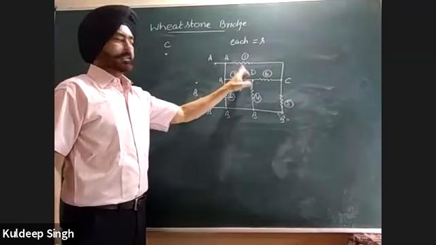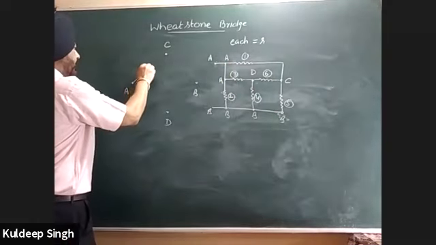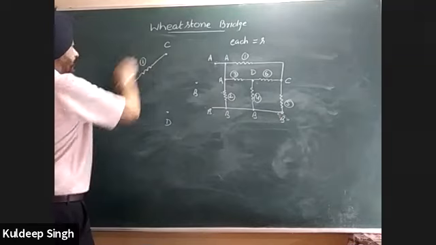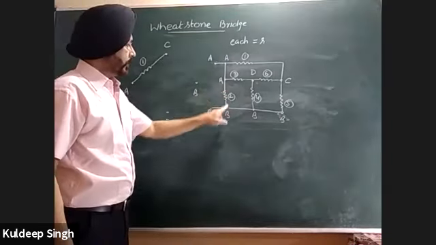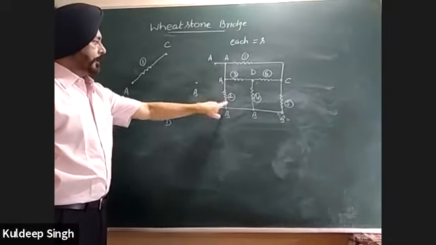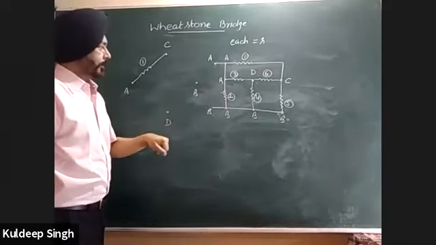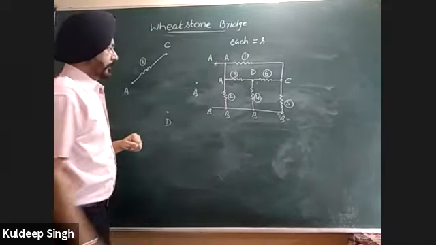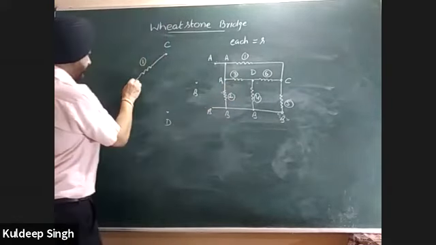First has gone to A and C. The first will be connected to A and C. Where is the second? To A and B. This is a very important point. To A and B. So we will connect it later on. Otherwise, it will come here. And the third one is connected to A and D.